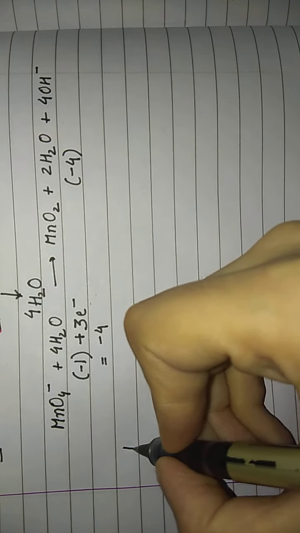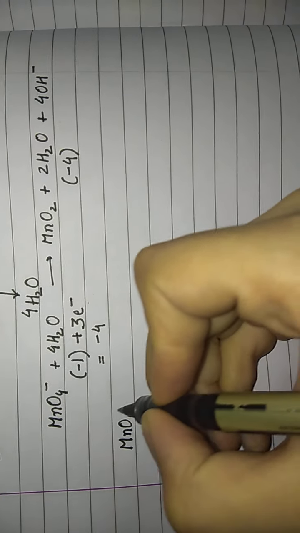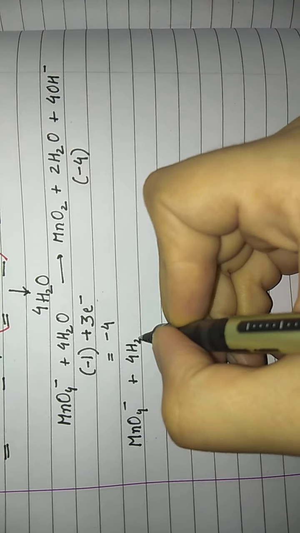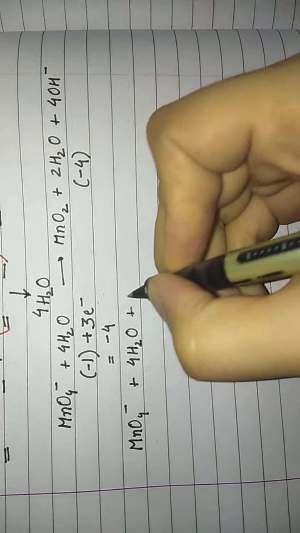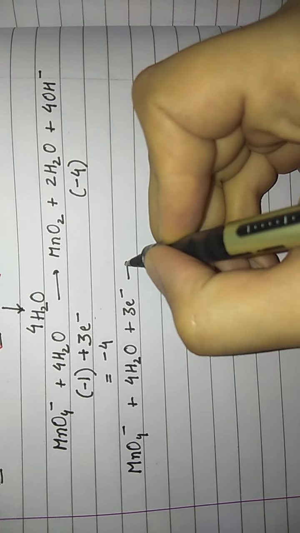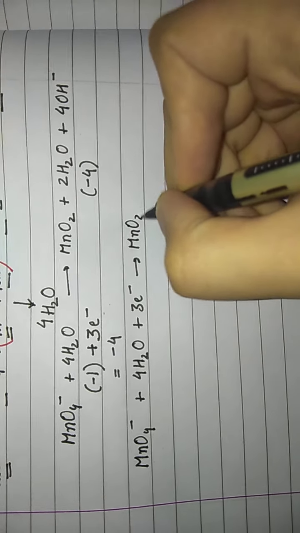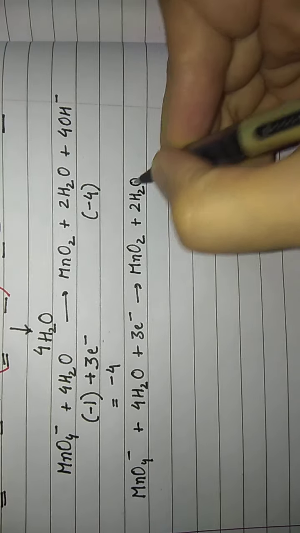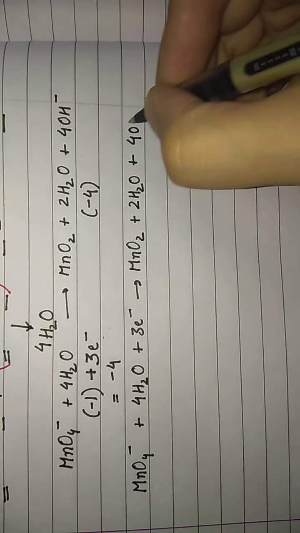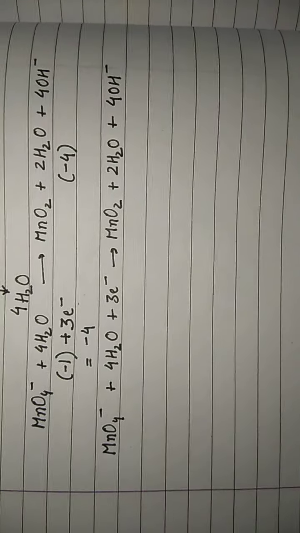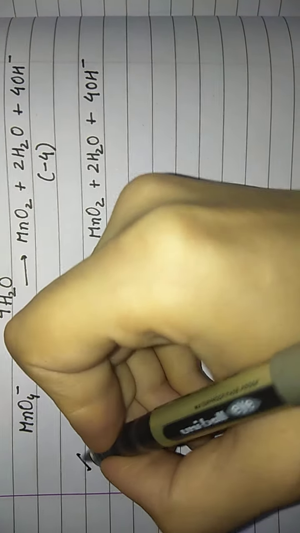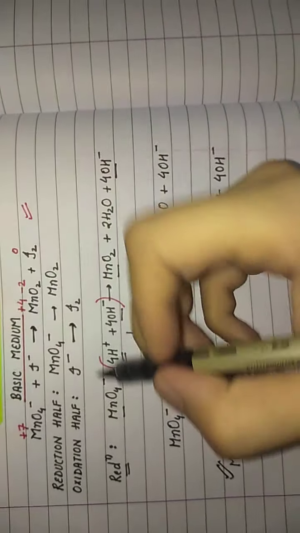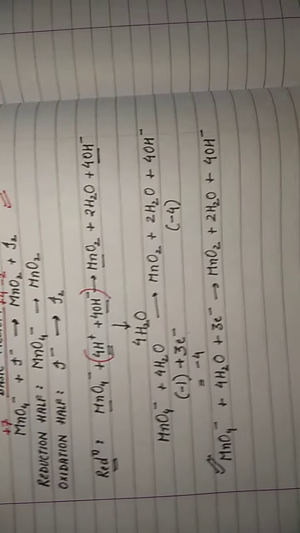So my final balanced reduction half will be MnO4 minus plus 4H2O plus 3 electrons, giving MnO2 plus 2H2O plus 4OH minus. Alright, so this is my balanced reduction half. Now coming to the oxidation half, I minus giving I2.